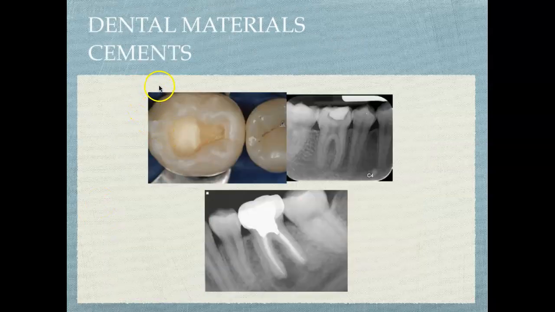Some of our dental cements also have radiopacity to them. So here's some calcium hydroxide. You can see that it is radiopaque. The chemistry of it is developed so that it's radiopaque, and endodontic sealer is radiopaque as well.